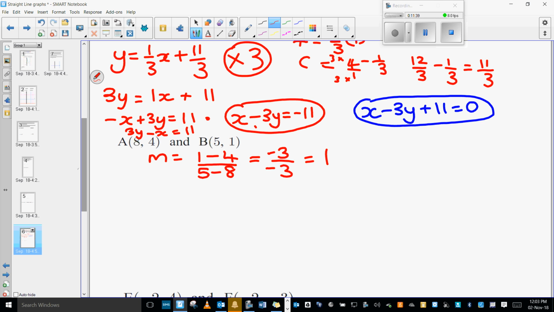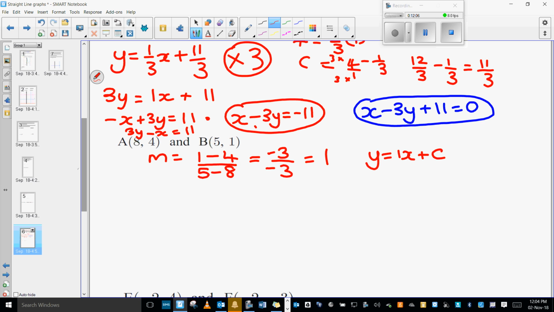So my starter is y equals x plus c. Now, which coordinate shall we use? I don't mind. No, because our m is 1. If you want to write 1, that's fine. So which one do we want to use?